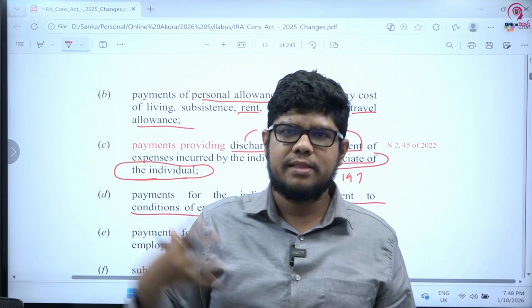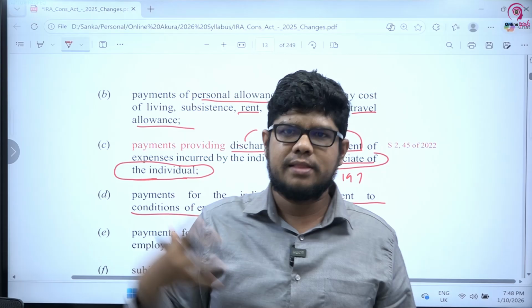Let's say on behalf of myself, my company pays the Chartered Institute for my membership. That's a benefit for me. Or on behalf of my parents, they pay the hospital. Likewise, all these things come into this section. My parents' benefit is an associate person's benefit.